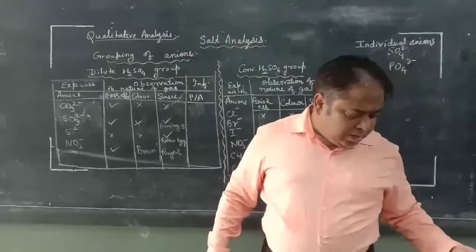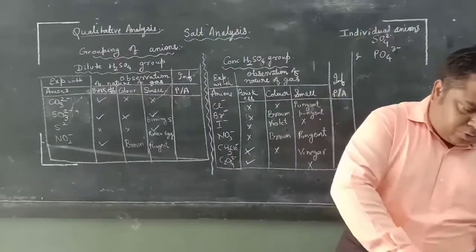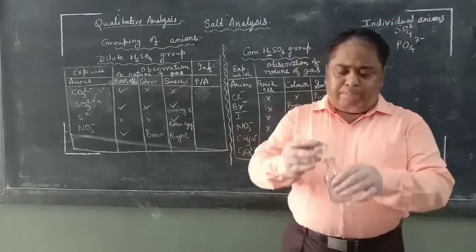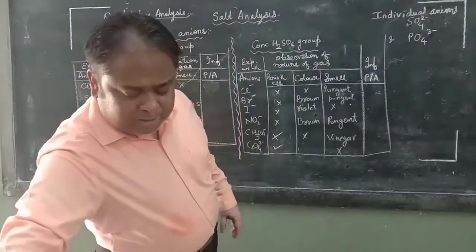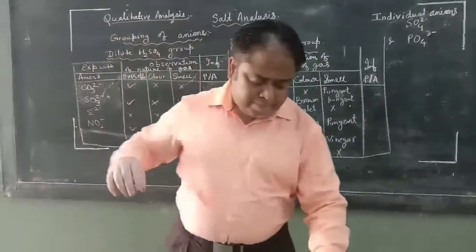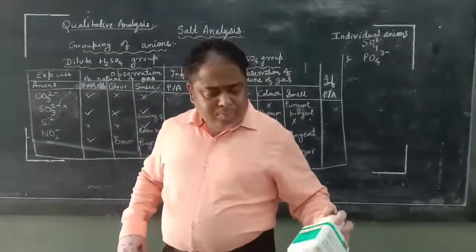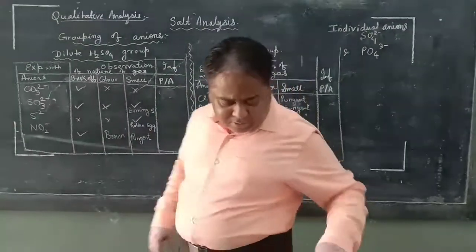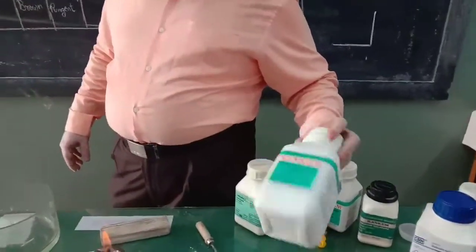So we have done all the tests of dilute H2SO4. Now we will do the tests for concentrated H2SO4. So I am keeping the dilute H2SO4 away from me now. I least require this. Now nitrate I had already shown you. Barium carbonate I have already shown you, it was a dilute H2SO4 test. Next, nitrate also I have shown you. Chloride.